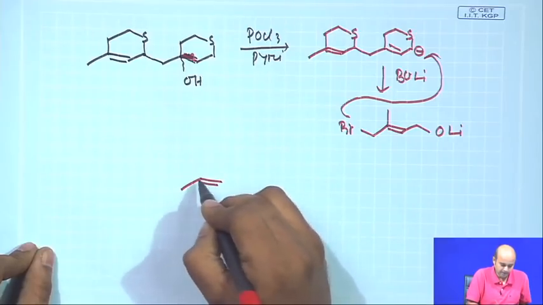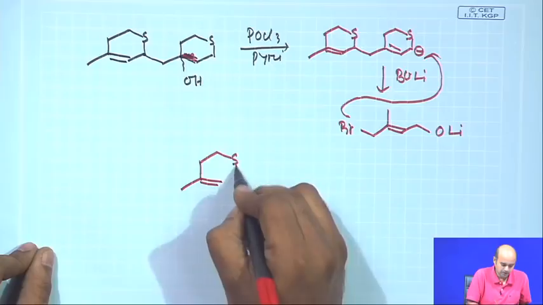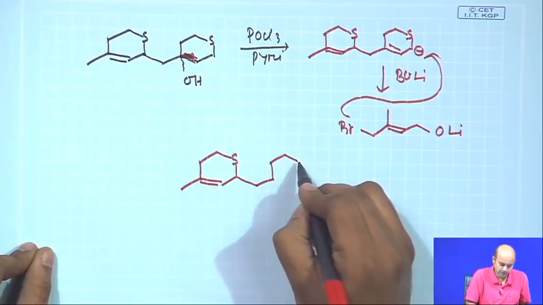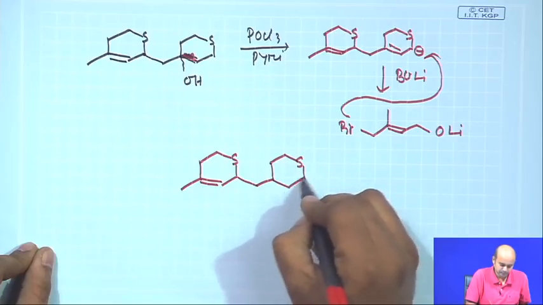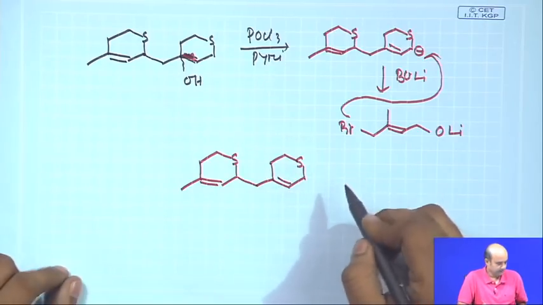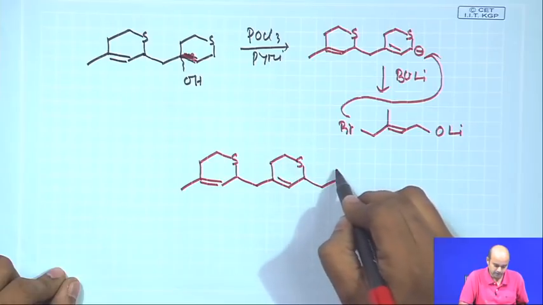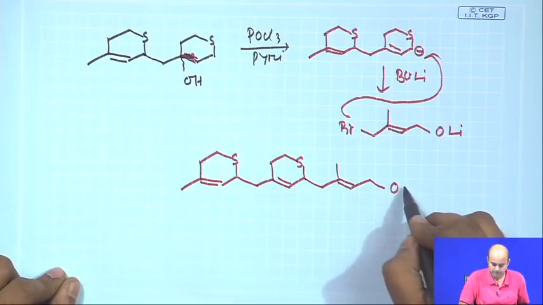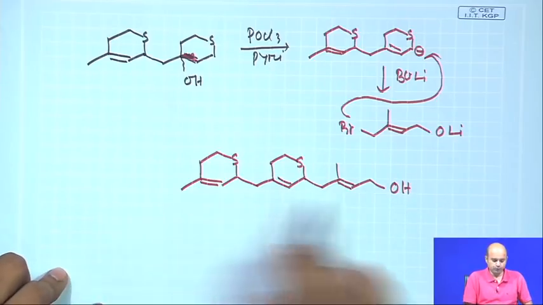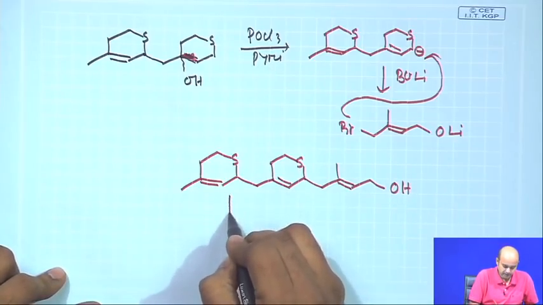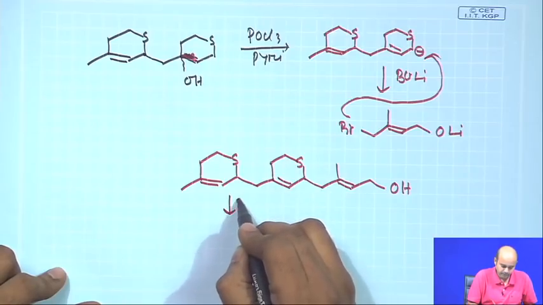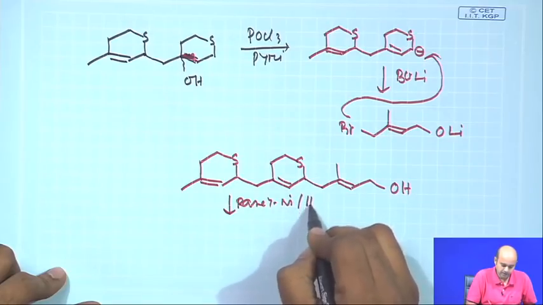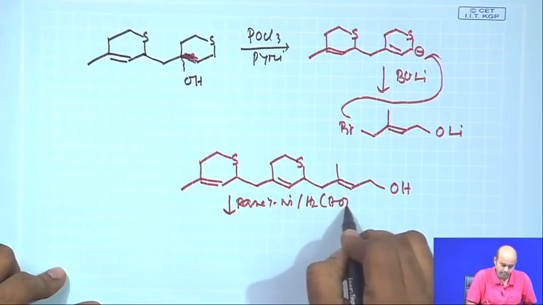You basically get the simple electrophilic addition product. Okay, the electrophilic addition product here, you can quench it with this. So, you are almost close, fine. You do this Raney-nickel treatment, Raney-nickel, hydrogen or ethanol.